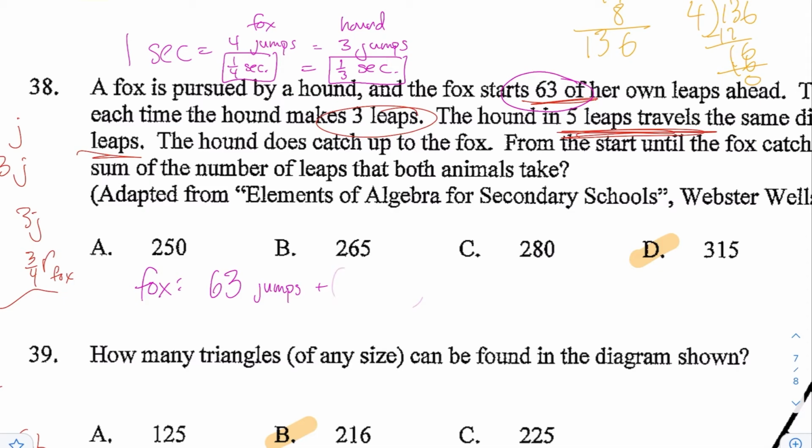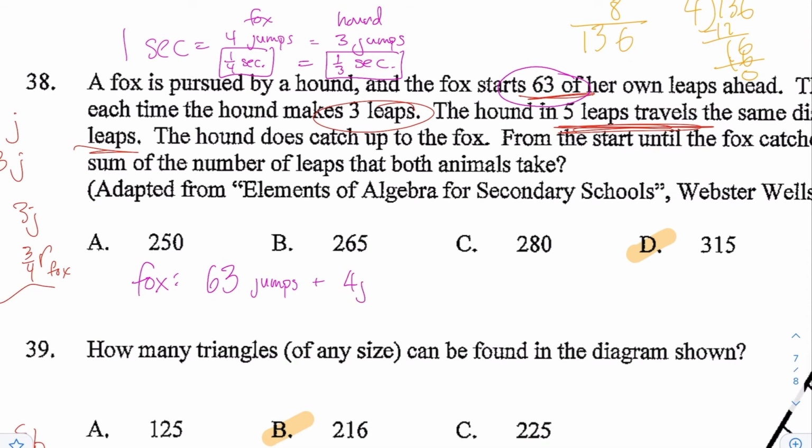So again, here you have 63 jumps ahead plus another 4j jumps per second. And for the hound, you don't have a head start, so you start out with 0 jumps, and you're jumping 3j per second. And again, that comes from this part here. And this is hound jumps.